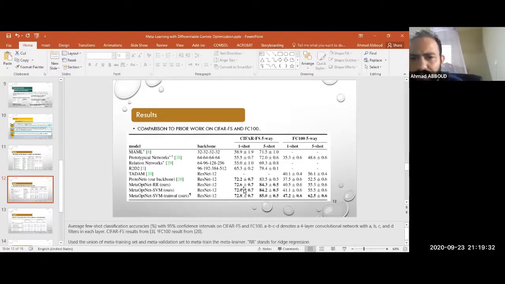And you can see that on CIFAR-FS, they reach 72% plus or minus 0.67, which is better than MAML and prototypical network. Also, you can see on FC100 with 1 shot and 5 shots, they reach 62% with 5 shots.